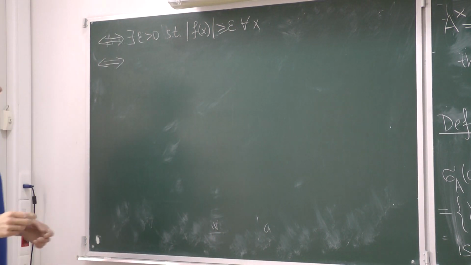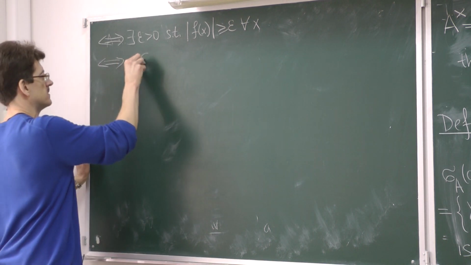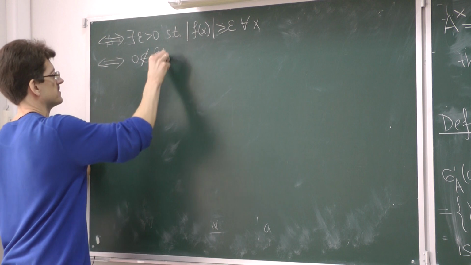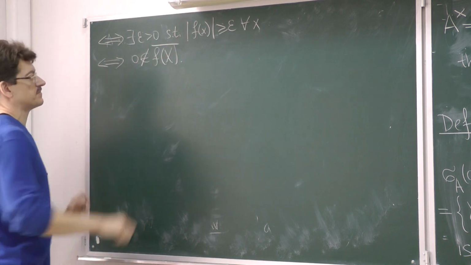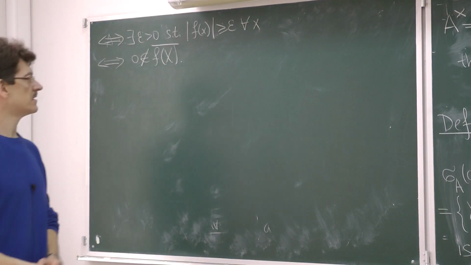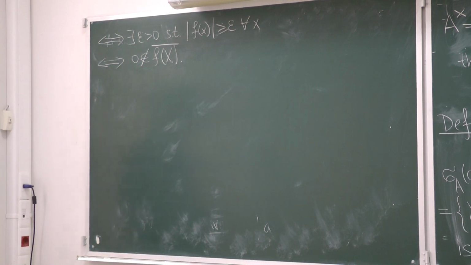In other words, this means that 0 is not in the closure of f of X. So this is the invertibility criterion in our algebra.